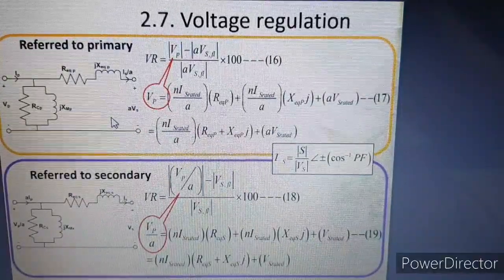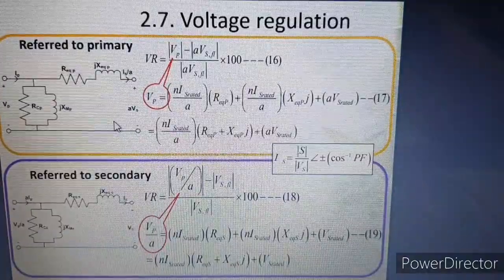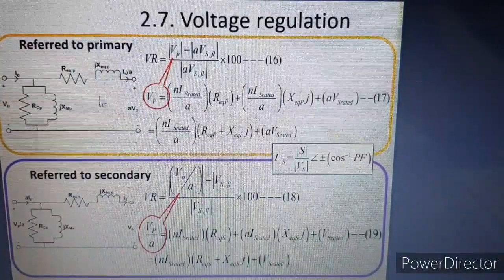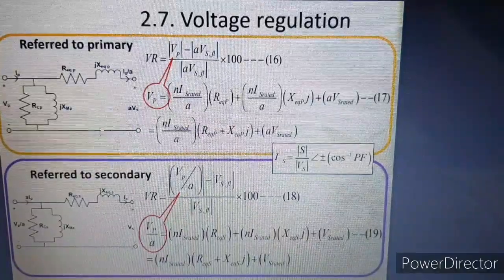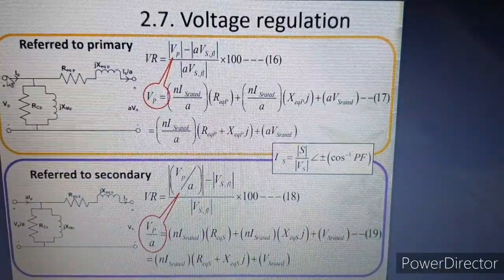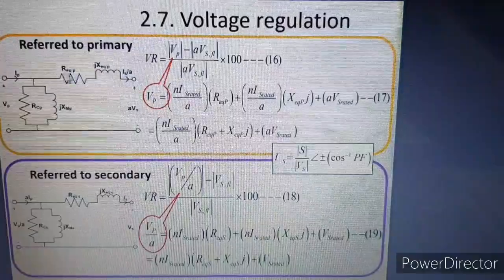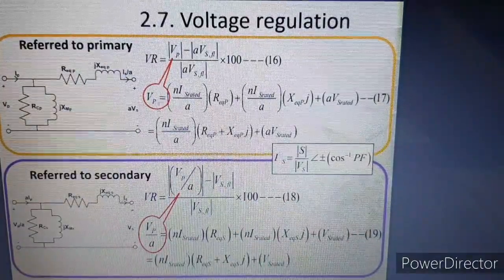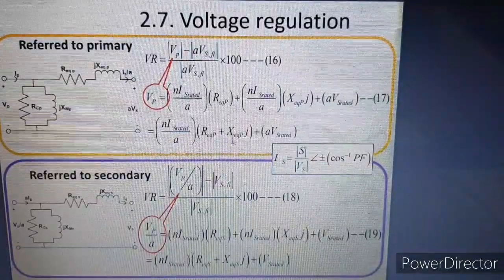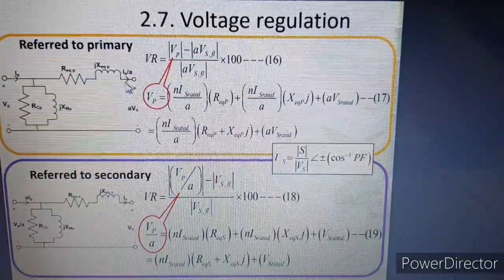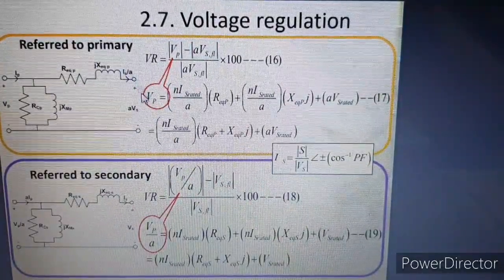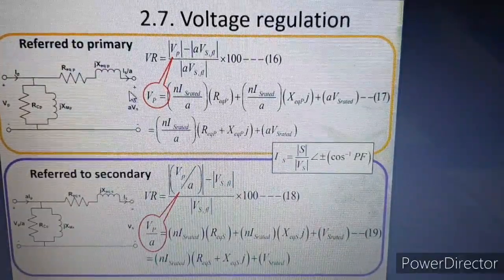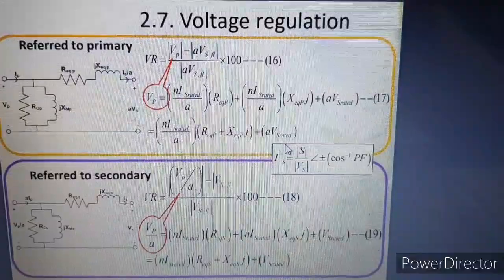Just write down the KVL equation around the large loop here. So Vp equals, we have here two impedances, R equivalent P plus j X equivalent P, times the current that flows through it, that is Is over a, plus aVs.